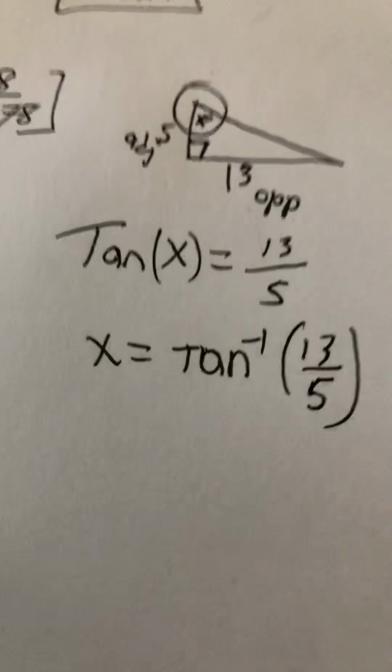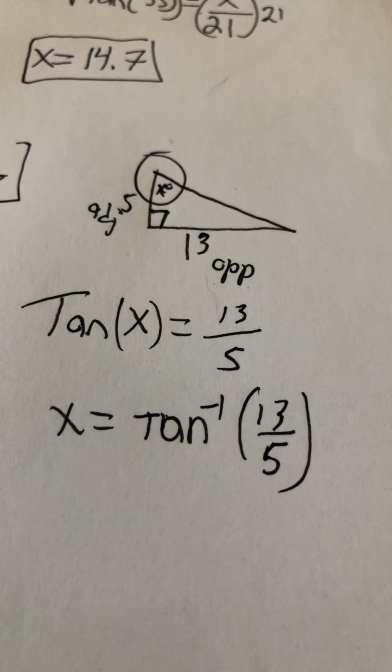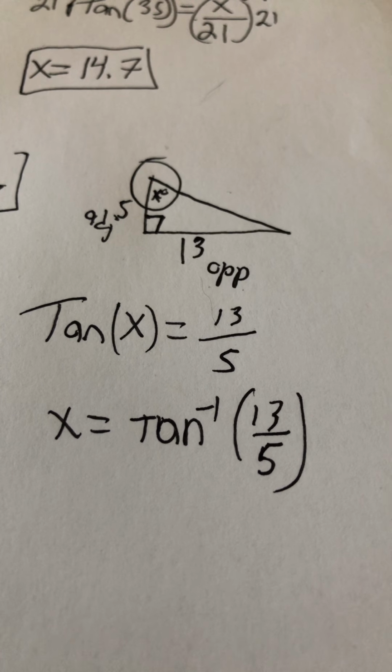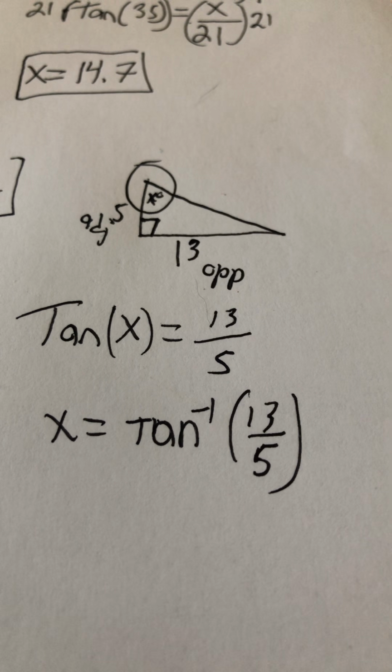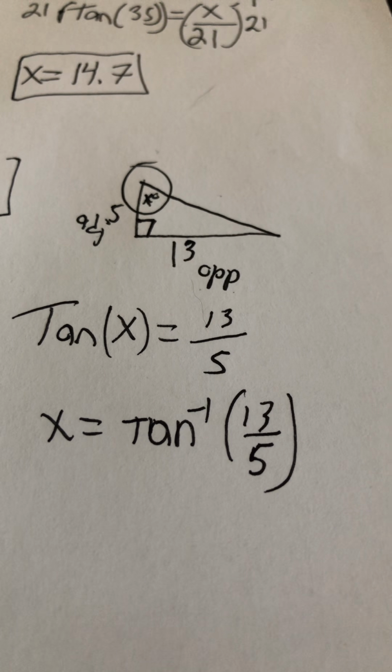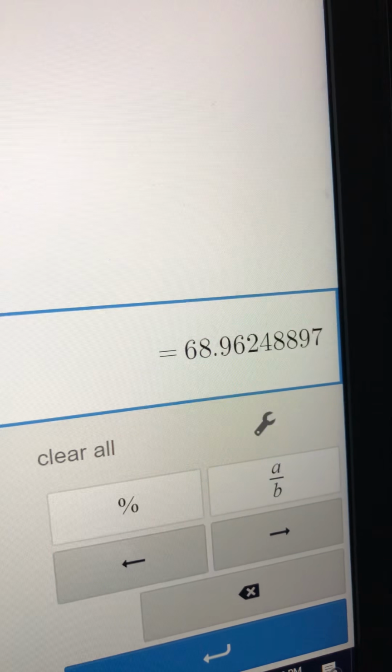And that's what we're going to type in. Okay, so inverse tan of 13 divided by 5 is 68.96 degrees.